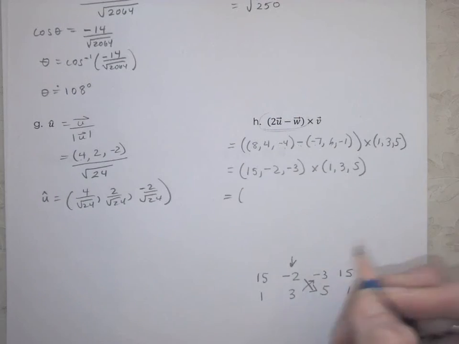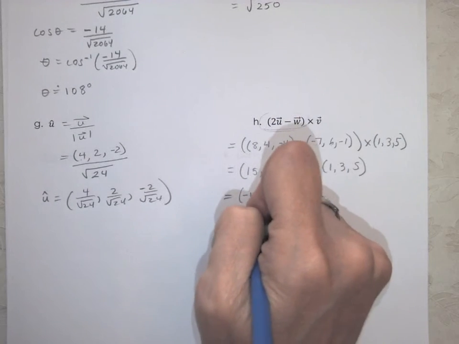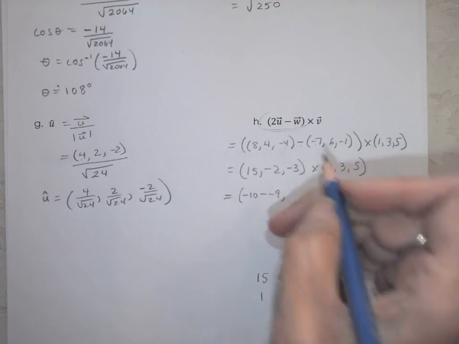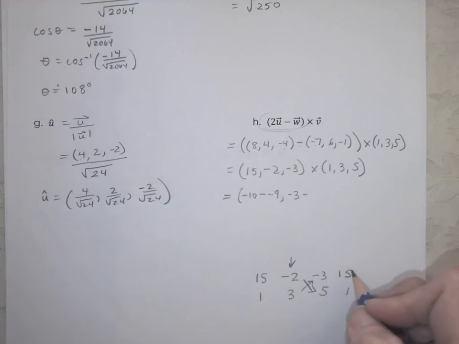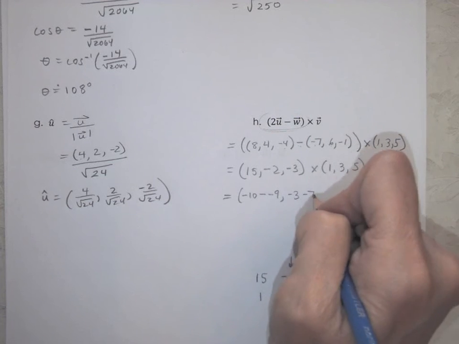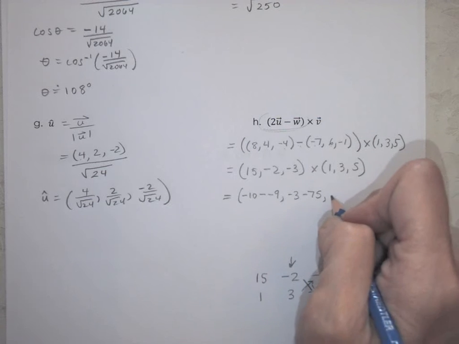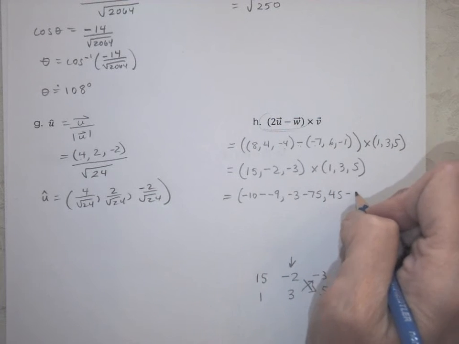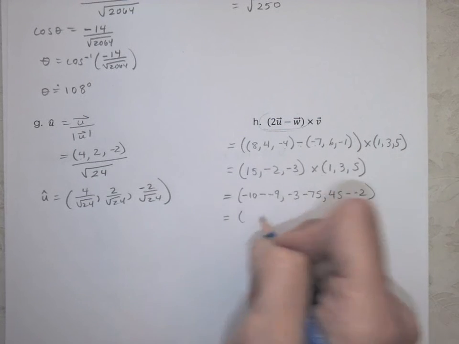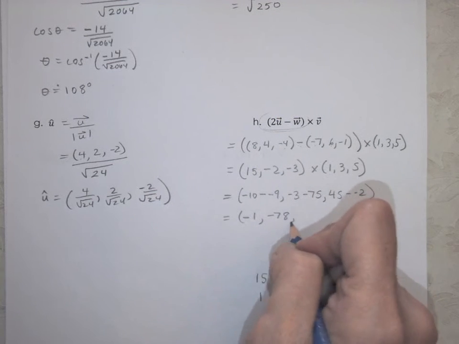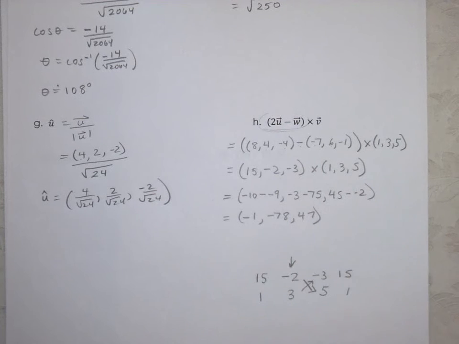So that's going to give me the vector negative 10, subtract negative 9, negative 3, subtract 75, and then 45, subtract negative 2, which is going to give me negative 1, negative 78, 47 as the cross product of 2u minus w crossed with v.